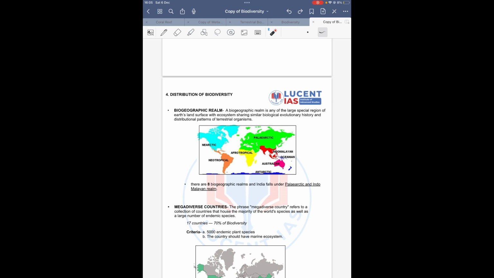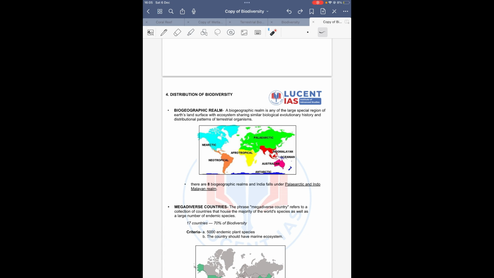So what are the various kinds of distribution? First is biogeographic realm. A biogeographic realm is any of the large spatial regions of the earth's land surface with ecosystems sharing similar evolutionary history and distribution patterns of terrestrial organisms.